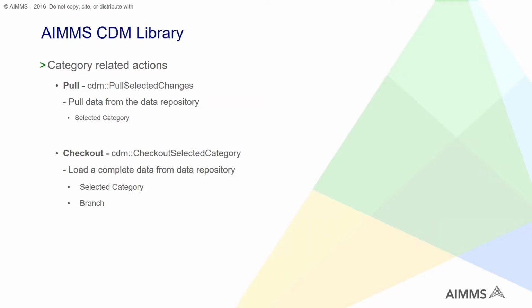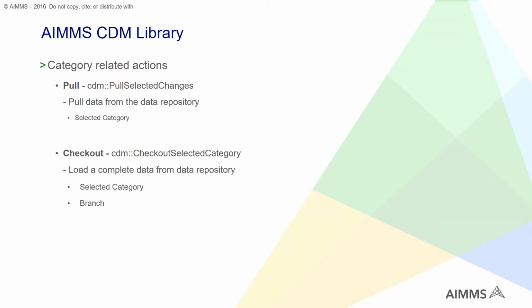Our next commonly used action is the pull. The pull action also works behind as a predefined procedure, and the pull statement will pull data from the data repository that has been committed by other users.